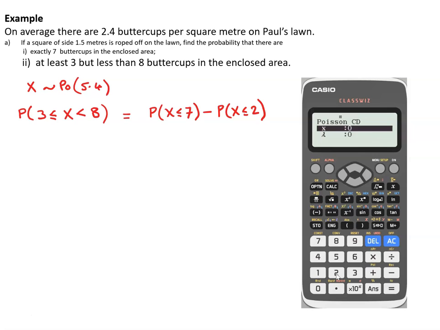So for the first probability I need x to be 7 and lambda to be 5.4. Then press equals and I get my probability of 0.8217.